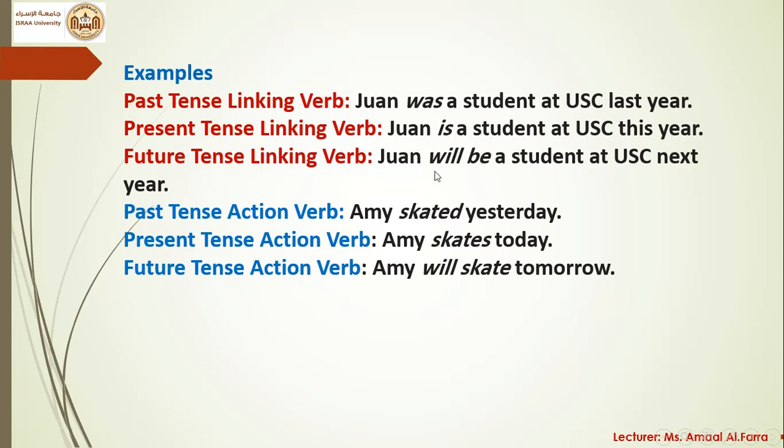When I say Joanne will be a student at USC next year, this is a future linking verb. What is the linking verb? It is be here, is here, was here. Be is the infinitive, the root of is, was, am, are, were. And here be is used as infinitive after will. Okay, will be is the future tense of the linking verb.